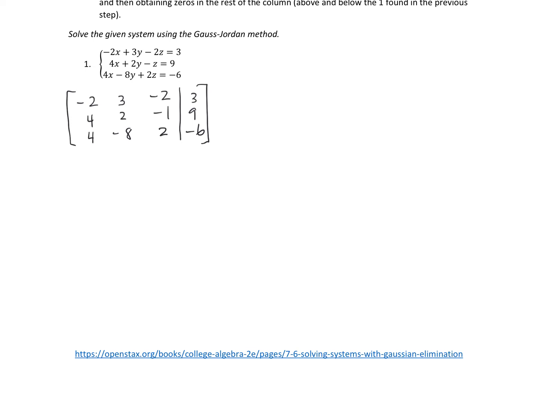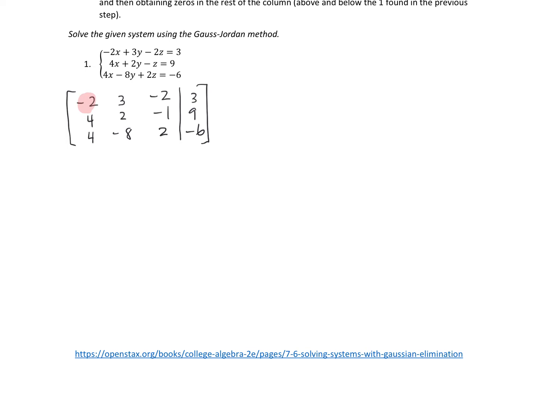Okay, so first step, we're looking at the first column, and we want A11 to be a 1. We're trying to get A11, which is a -2, to be a 1. Remember, your goal here is to simply divide or multiply by some constant to make that a 1. I think of division automatically.